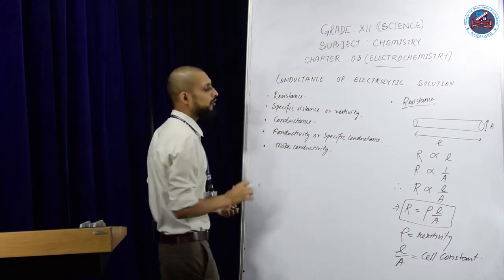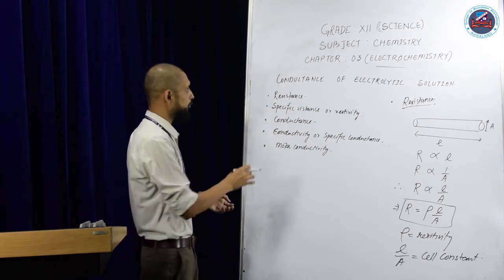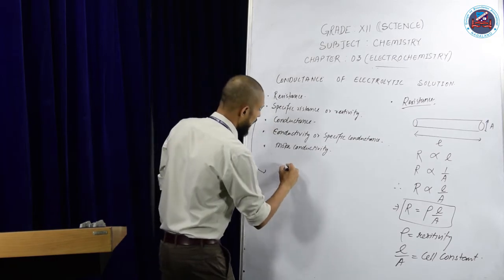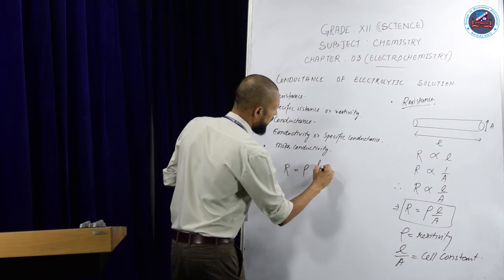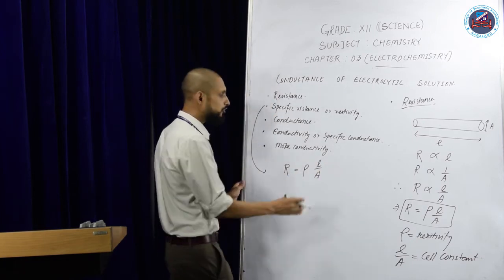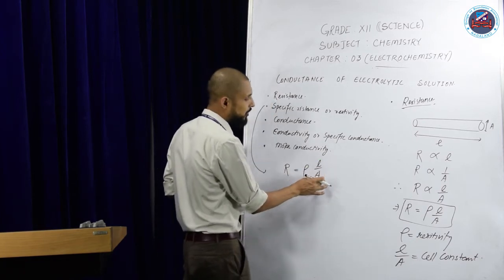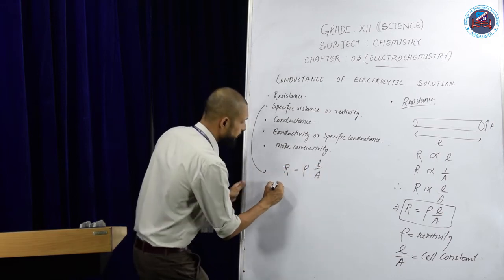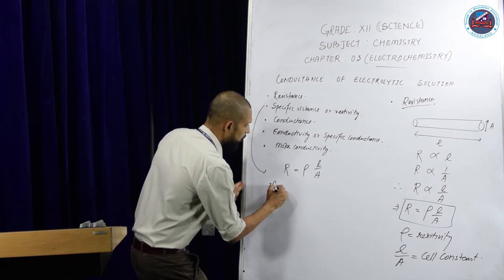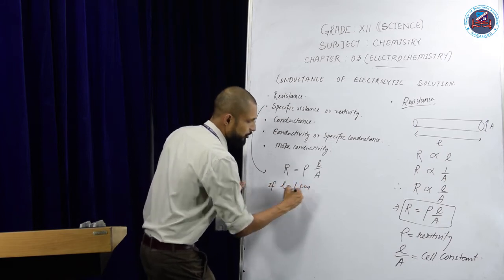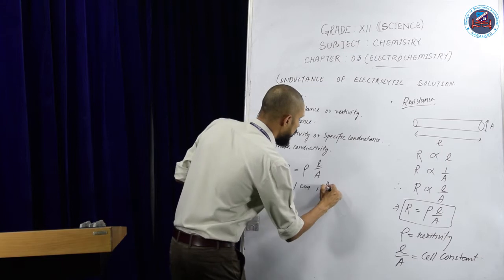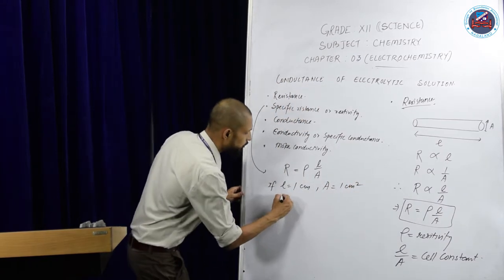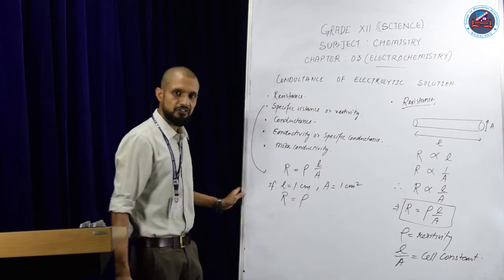Next, let us see how to define resistivity or specific resistance. So we have R equal to rho L by A. If you consider a conductor of length L, area of cross section A, resistance is equal to rho L by A. So if the length of the conductor is 1 centimeter, area of cross section is 1 centimeter square, then resistance is equal to rho, that is resistivity.